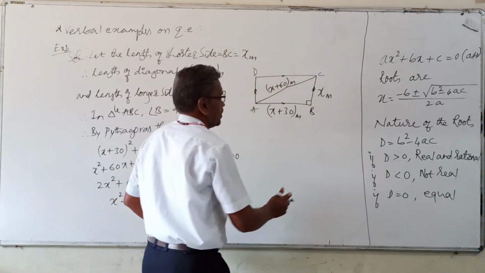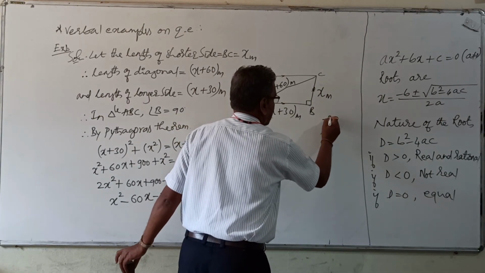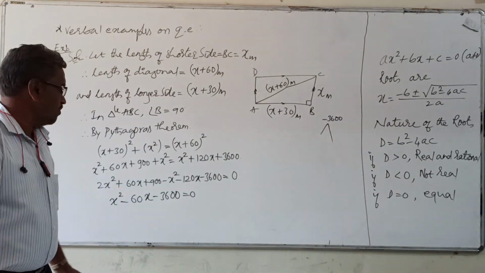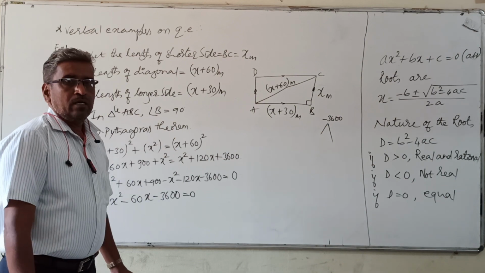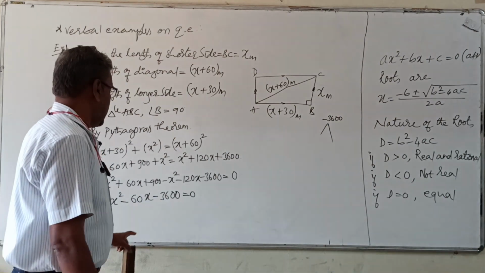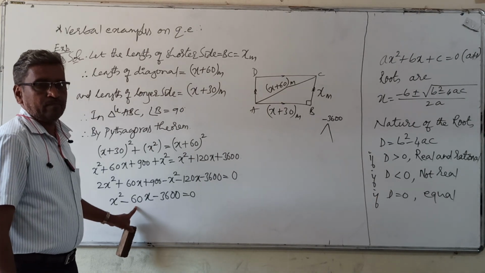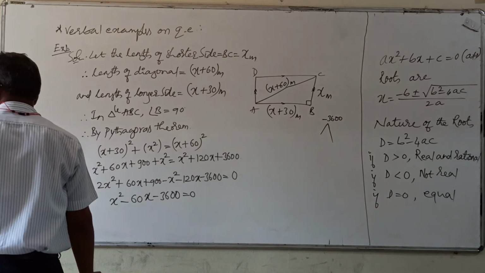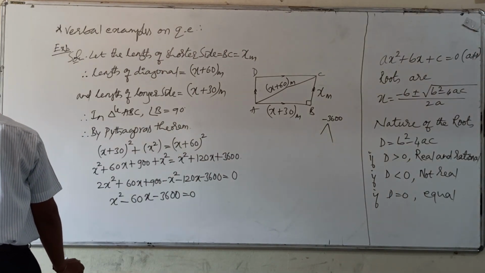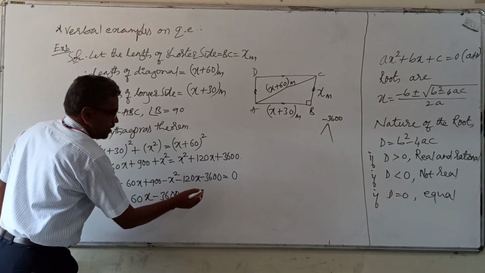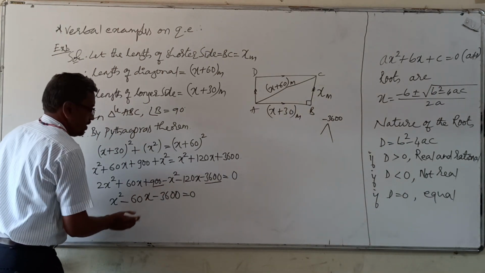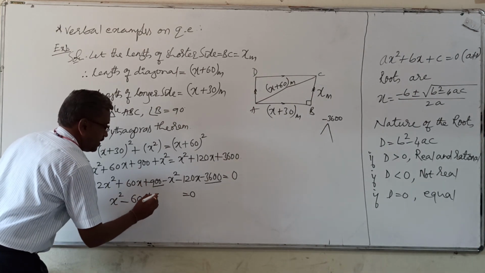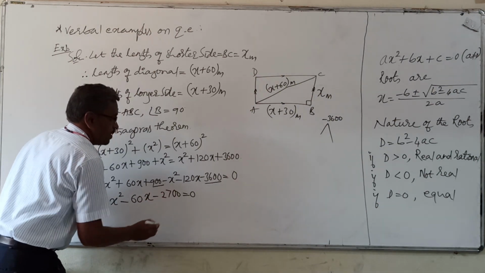Product is minus 3600. Difference is 60. Here minus 3600 plus 900 is minus 2700.